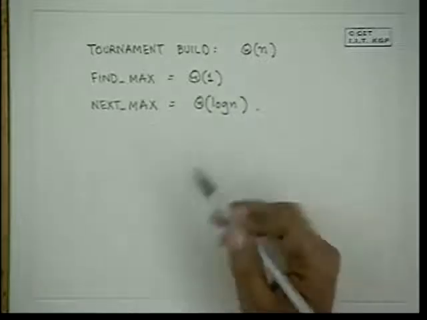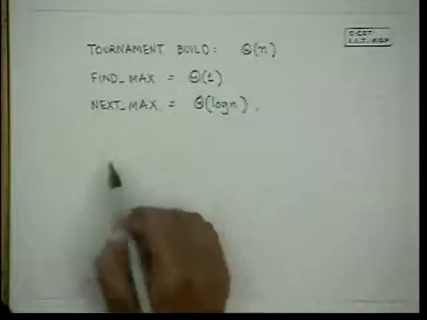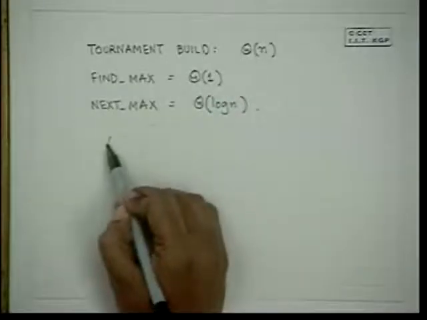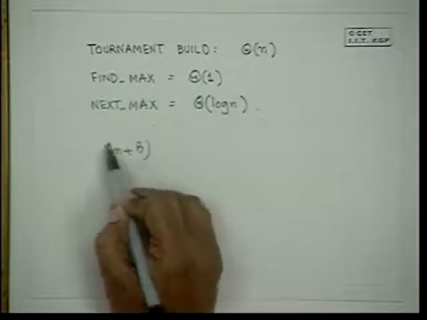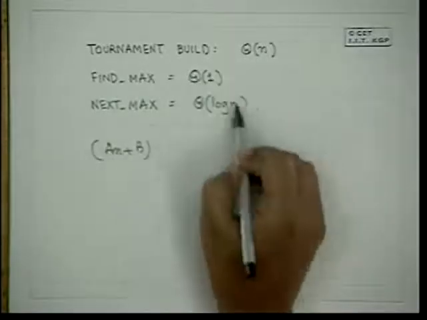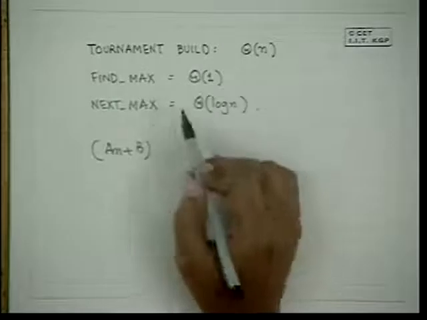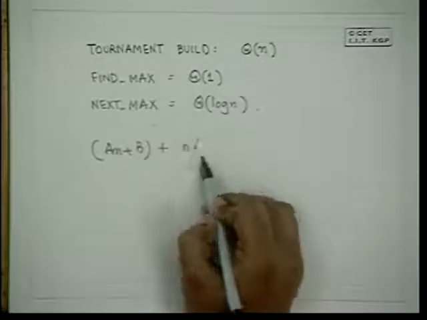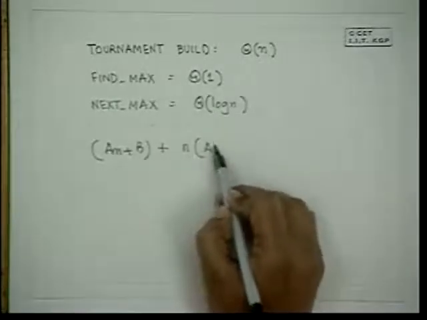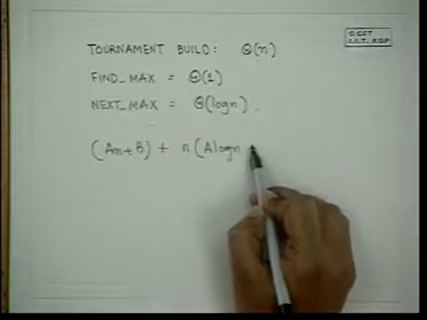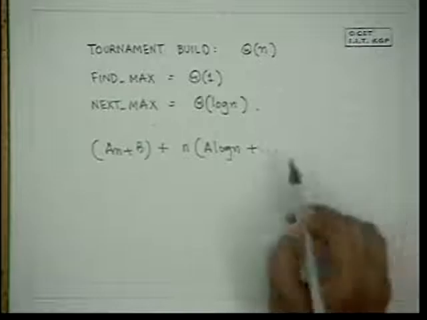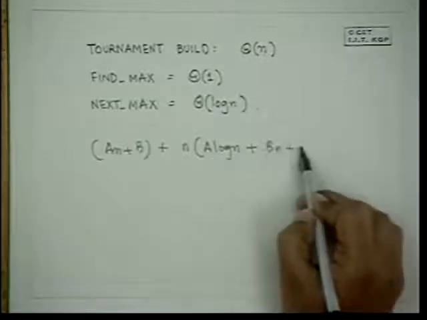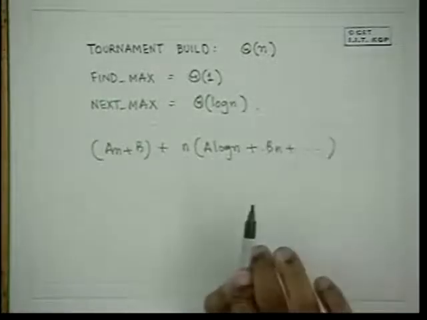If you repeat this next max continuously, then you will require some Fn, which is An plus B, find max, next max. This is what you will continuously do, plus n into, this was of the form A log n, plus any terms which are less, linear time terms, etc. Bn plus whatever it may contain.